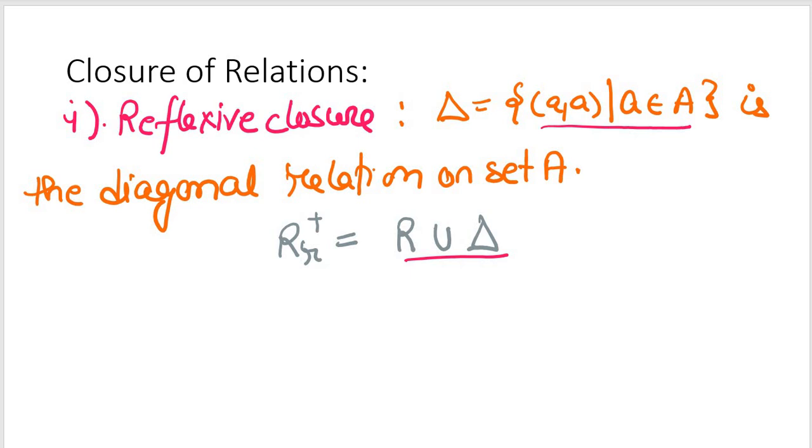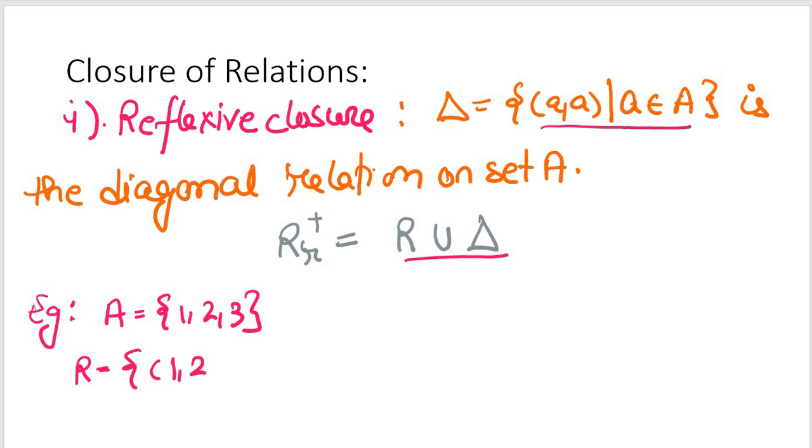So let's take one example so things will be much more clearer. Let's say I have a set A as usual in the form of 1, 2, 3, and let's say I have a relation R where I have (1, 2), (1, 3), and (2, 3).